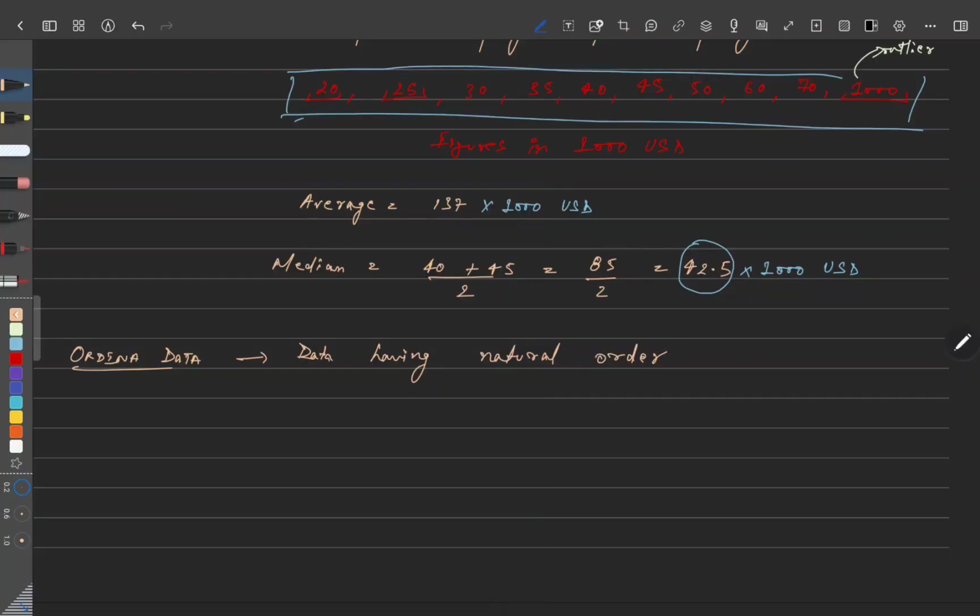For example, let's say the rating data: poor, fair, good, excellent. This is ordinal data, because the ratings have a natural order. So poor is very bad, fair is better than poor, good is better than fair, and then excellent is the best rating. So this has an order. You can sort this and it would make sense.